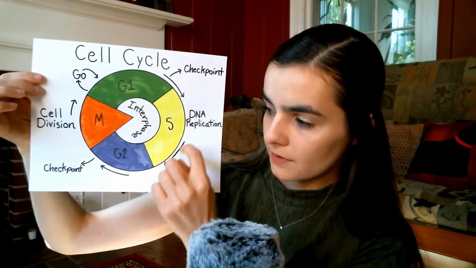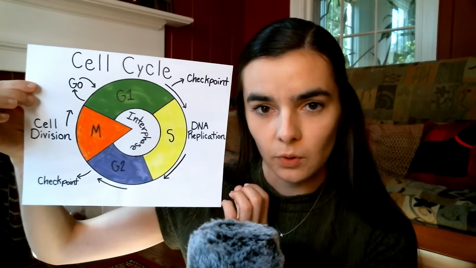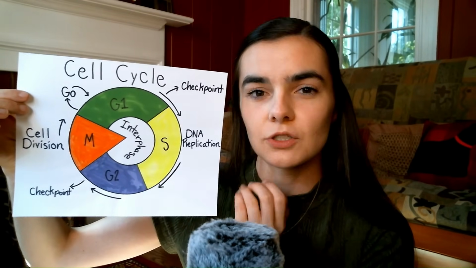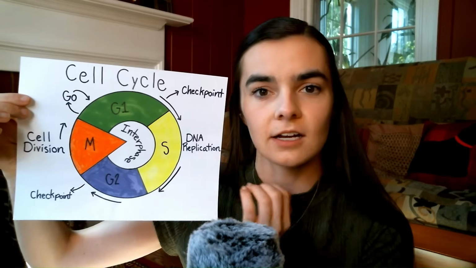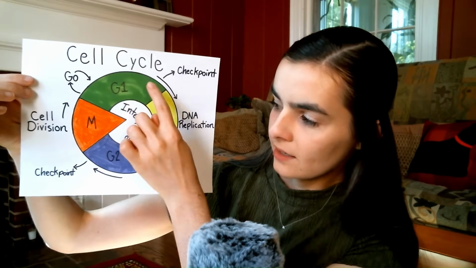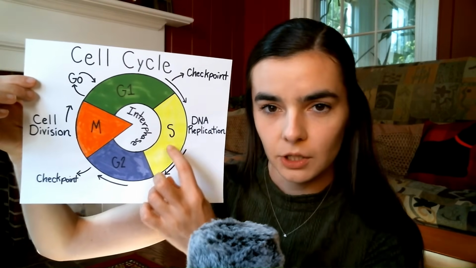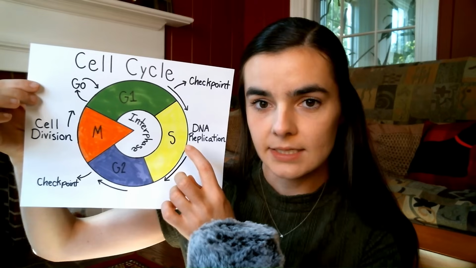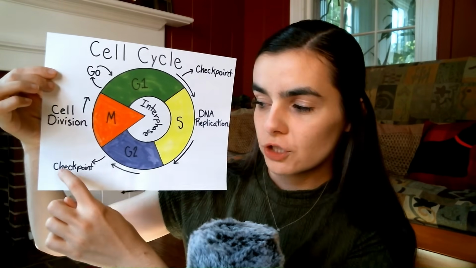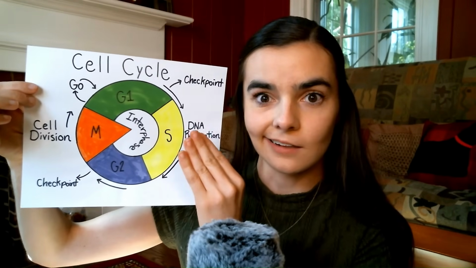But I did draw on this picture these checkpoints. The checkpoints are essentially making sure that everything is going properly in that growth and replication process. So, for example, down here, if a mutation occurs in replicating that DNA, if something goes wrong, the checkpoint is where your body will be like, this cell is bad.